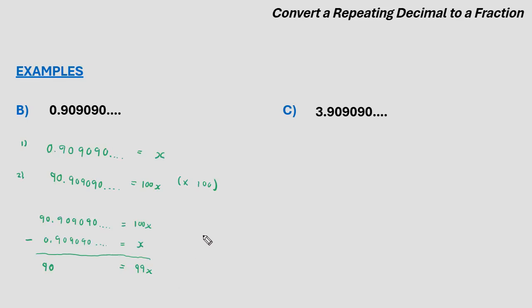So solving for x, we have 90 over 99 equals x, and this can be simplified further to the fraction 10 over 11. So a fraction form of this decimal expansion repeating in example B is 10 over 11.